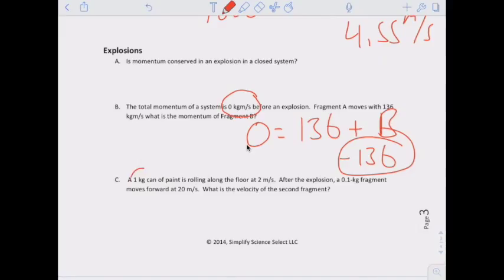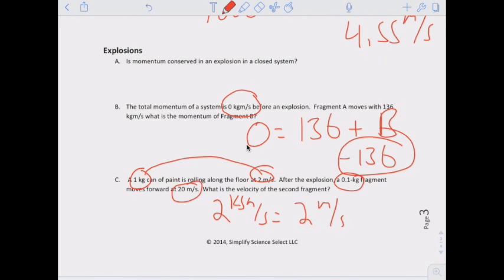So this is rolling along, so it does have an initial momentum of 2 kilogram meters per second equals a fragment keeps moving forward, 0.1 times 20, which would be 2. What is the velocity of the second fragment? We'll just call it x. So solving for this, we take this, subtract it from that, x would have to be 0.